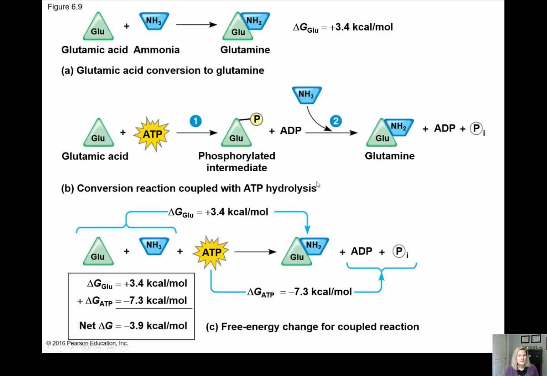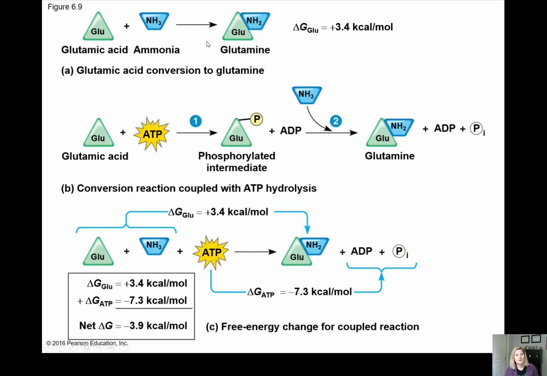Now, we can use this in all of our different reactions that occur inside of our body. So here, let's look at glutamic acid conversion to glutamine. So we have glutamic acid plus ammonia. Now, the amount of free energy is going to be a positive number. So it requires energy for these two molecules to react to form glutamine, because we have a positive amount of free energy.